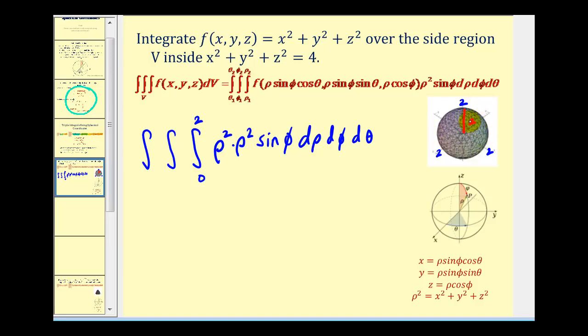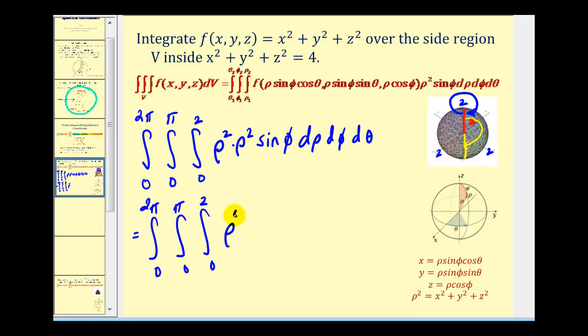So to get the entire sphere, phi would have to be from 0 all the way to pi radians. And then for theta, the angle between the positive x-axis and the points on the surface, we have to rotate all the way around a circle in the xy plane. So theta would be from 0 all the way to 2 pi. Let's go ahead and rewrite our integrand and then we can integrate. So we'd have rho to the 4th sine phi.